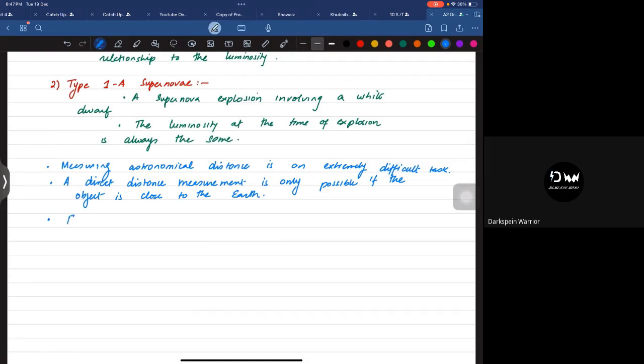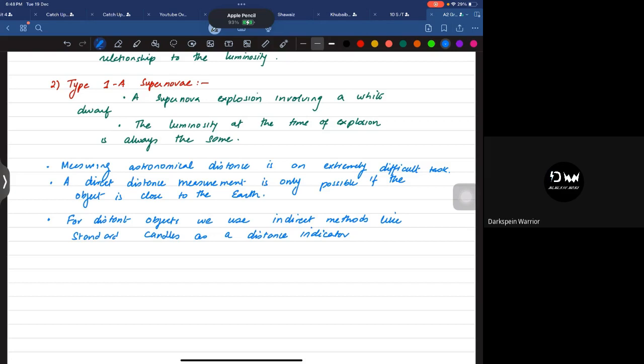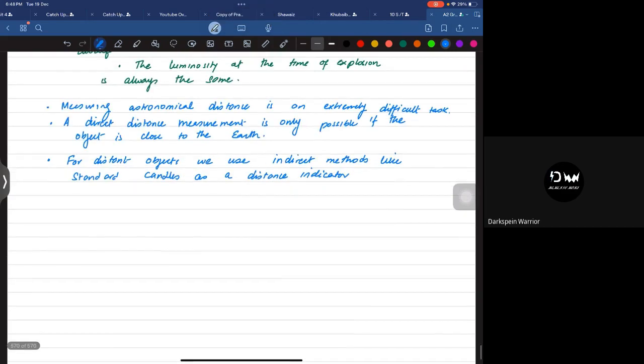Now, for distant objects, we use indirect methods like standard candles as a distance indicator, because we can compare to the nearby stars. Now, how do you compare that?